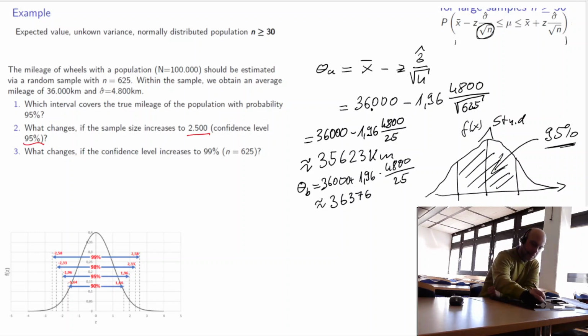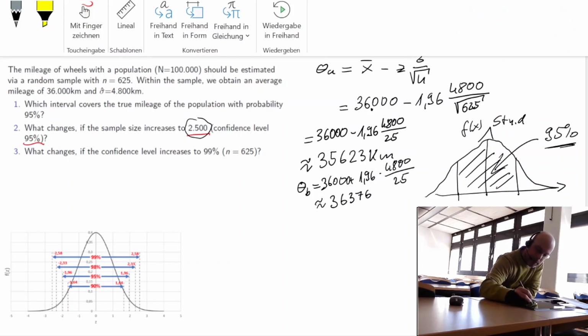So only this parameter is changing. N, yes.